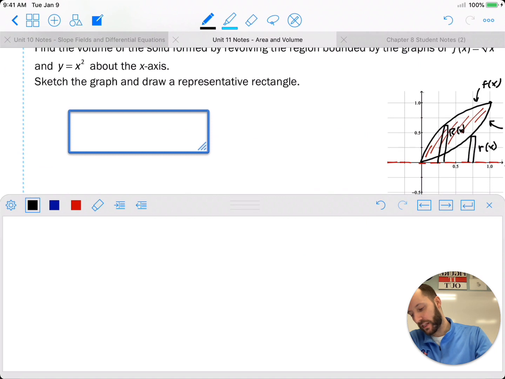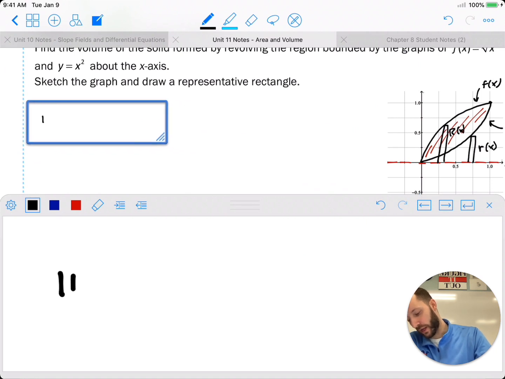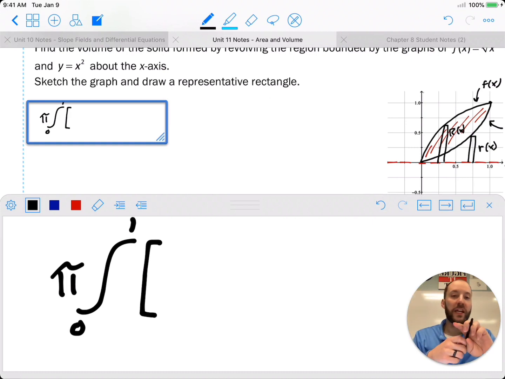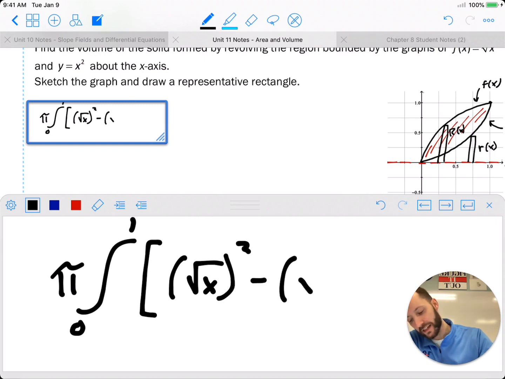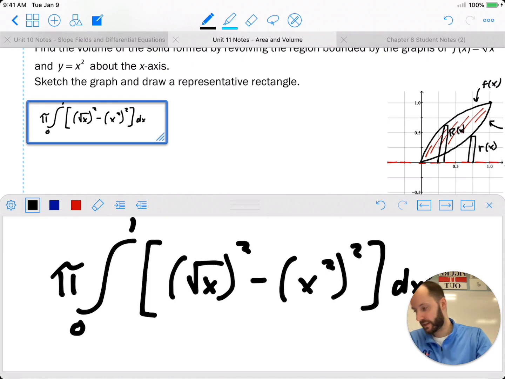So to set the integral, of course, pi going from 0 to 1 of big R squared minus little r squared. So big R is root x squared minus little r. Little r is x squared, dx.